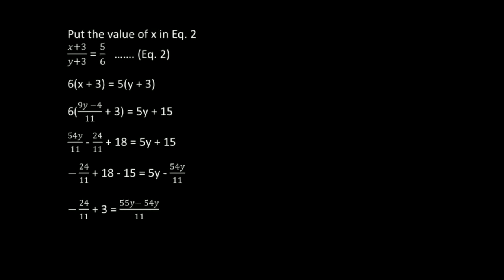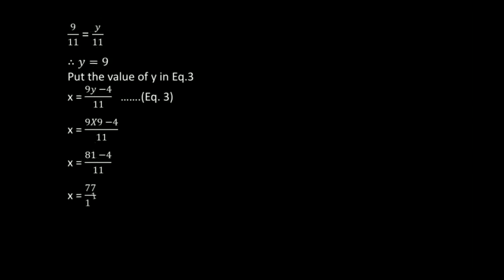Take 11 as LCM, so the left hand side becomes (-24 + 33)/11 = (55y - 54y)/11. This is 9/11 = y/11. So 11 cancels out, so y = 9.